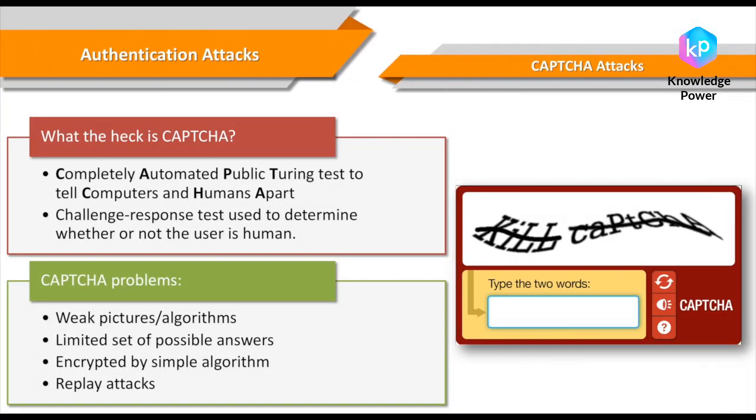Captcha, a backronym for Completely Automated Public Turing Test to tell computers and humans apart. It's a type of challenge response test used in computing to determine whether or not the user is human. It's used in login pages and in forms which have to be filled in by people, not by machines.